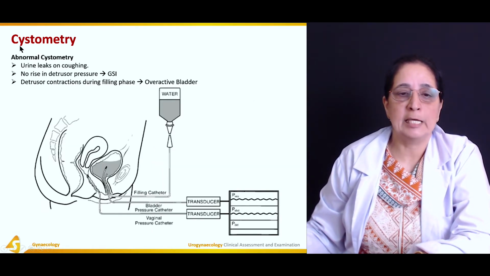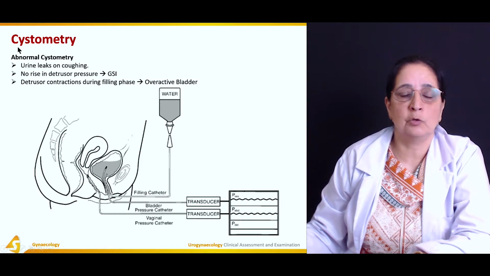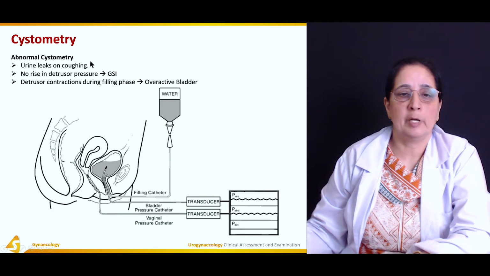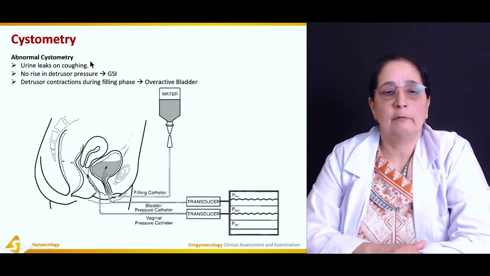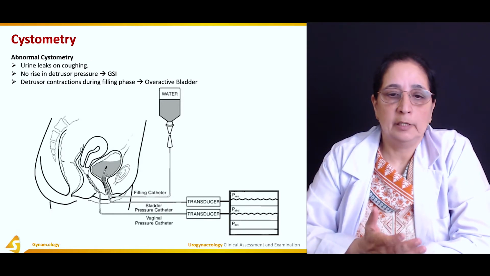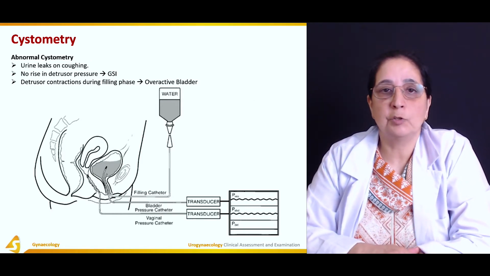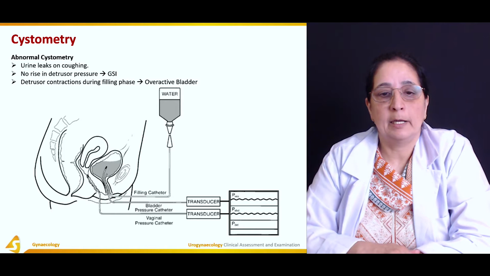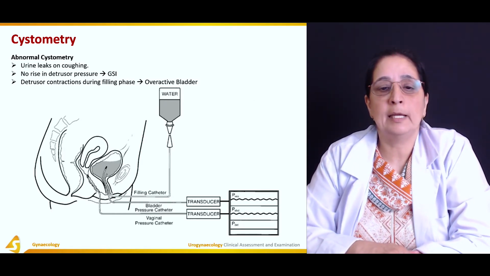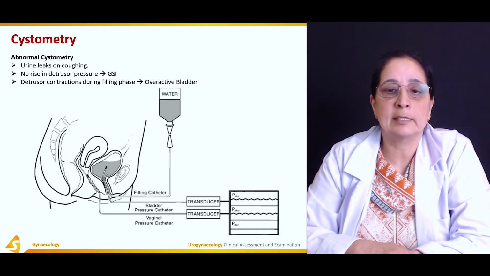Then we have cystometry. Abnormal cystometry is usually when the urine leaks on coughing. Usually there is no rise in detrusor pressure, and there is detrusor contraction during the filling phase in overactive bladder.